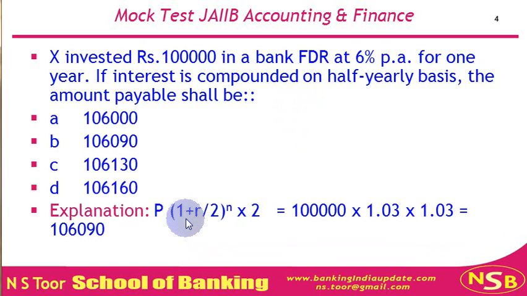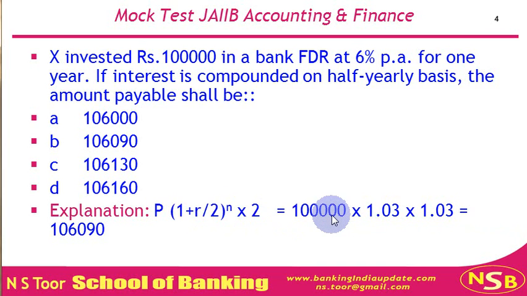This is the formula we shall make use of: Principal times (1 plus R divided by 2) raised to power n multiplied by 2. So this is the formula for half yearly compounding. In a previous question, we had discussed this formula.